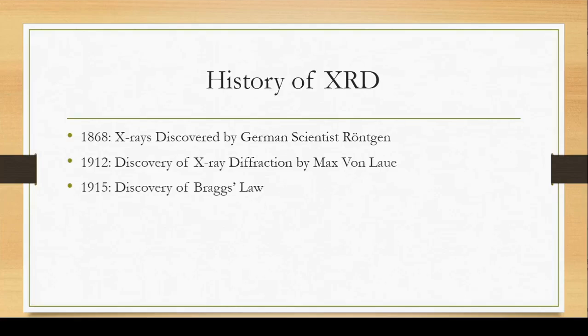This was a major discovery, and he won a Nobel Prize for it. In 1912, Max von Laue discovered X-ray diffraction, and he won a Nobel Prize for this. He was the one who suggested the idea of using X-rays. And in 1915, we have Bragg's law, which was discovered by a father-son team.